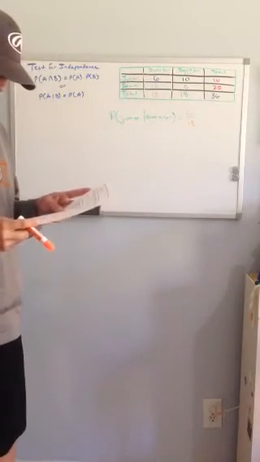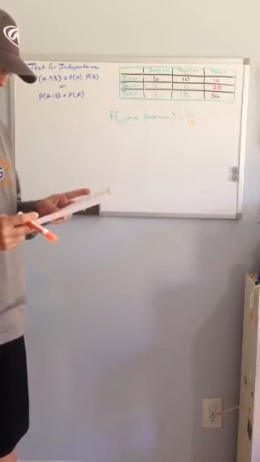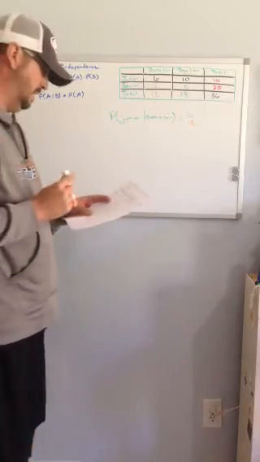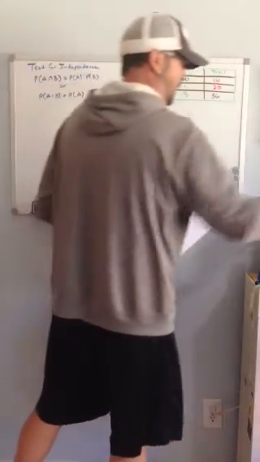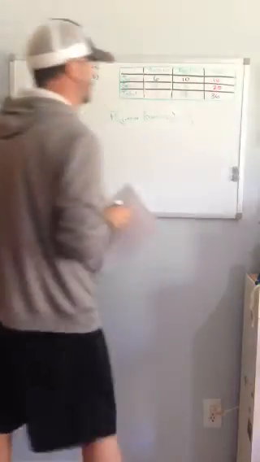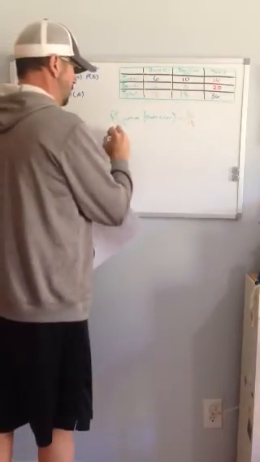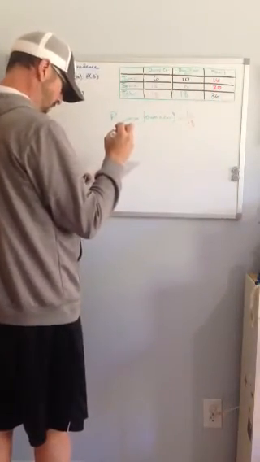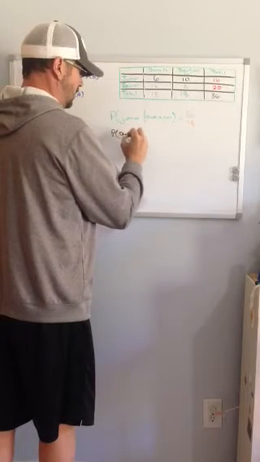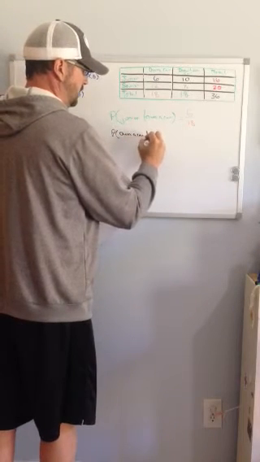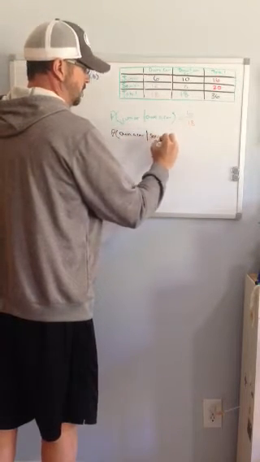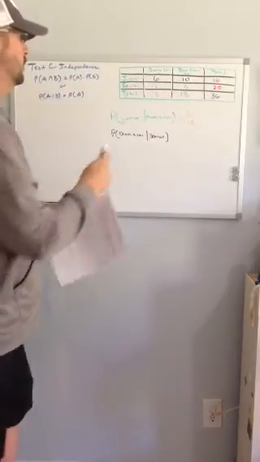Next one, number 6. Probability of student chosen owns a car given that they are a senior. So probability that they own a car given that they are a senior. So I'm only looking at the seniors.